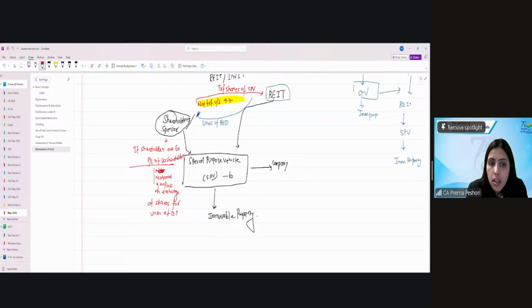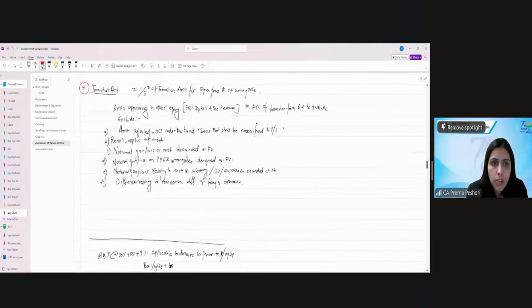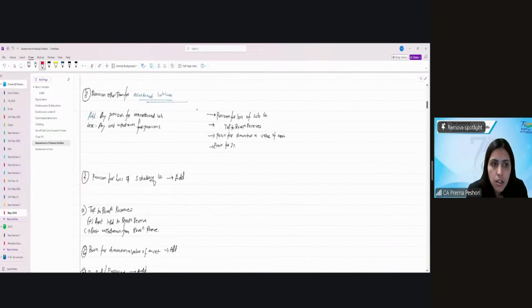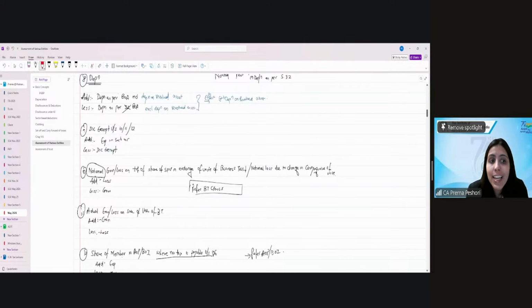Now this is a company. So MAT is applicable. Correct? Now if you go to the MAT chapter, we had done one adjustment here. Notional gain or loss on transfer of shares of SPV in exchange of units of business trust, or notional loss due to change in the carrying value of units has to be added and gain is to be reduced, because this is notional.